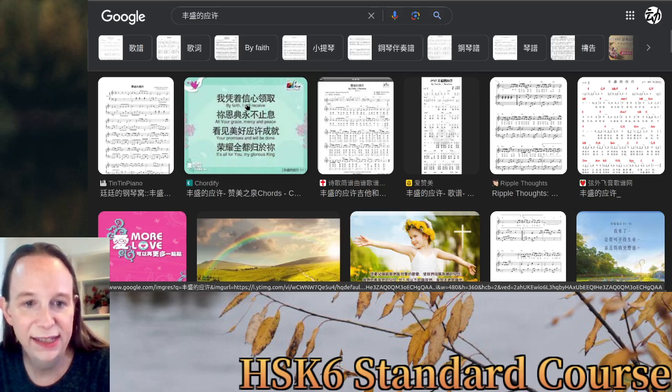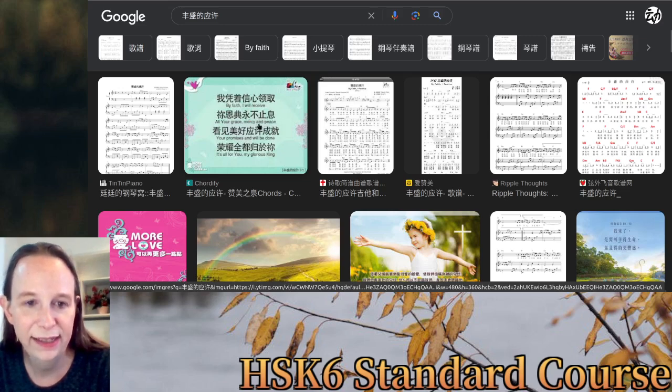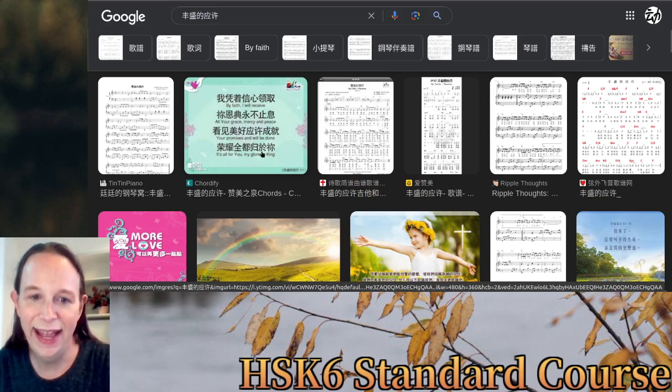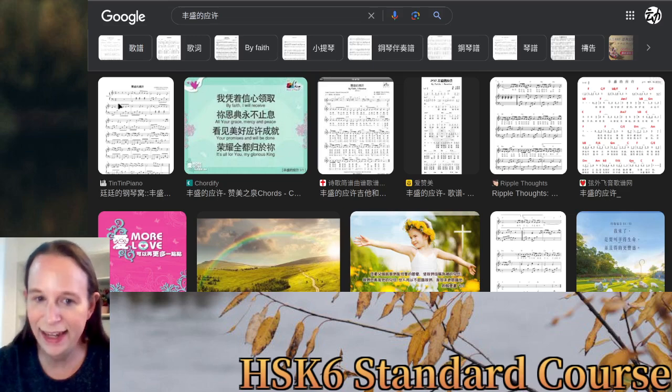我凭着信心领取你恩典永不止息，看见美好应许成就，荣耀全都归于你。Yeah, so is this one of these rare cases where this you is actually written like this in simplified characters?